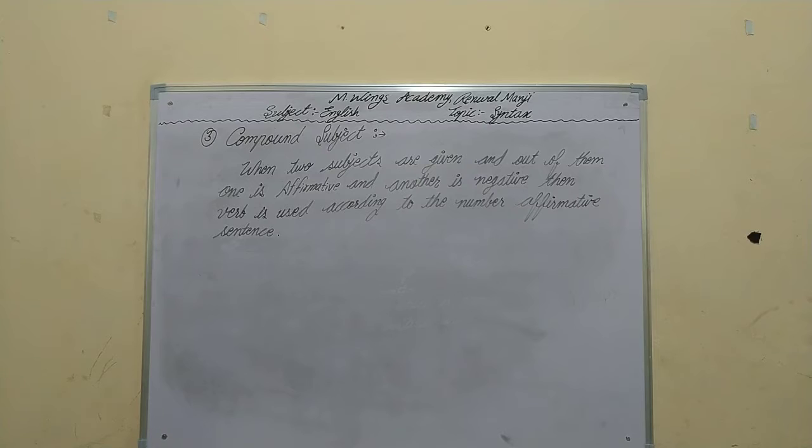When two subjects are given in a single sentence, one is affirmative and the other is negative, then the verb is used according to the number of the affirmative one. It never goes with the negative sense.